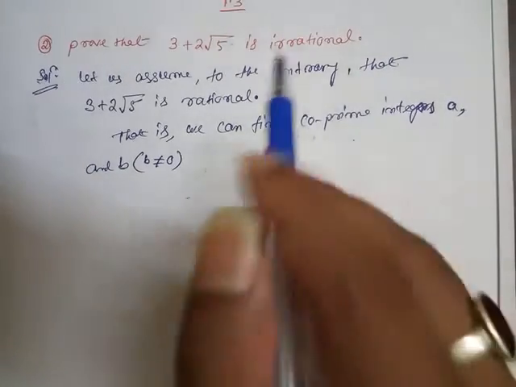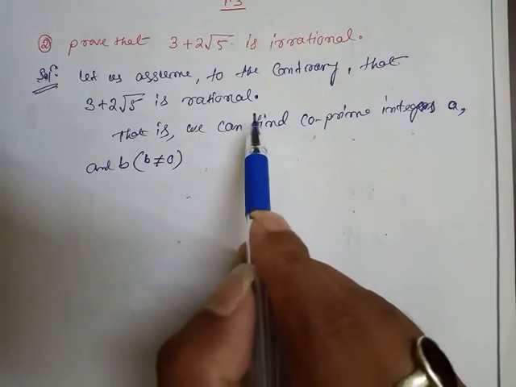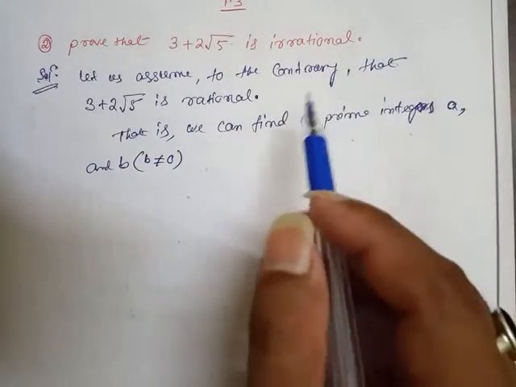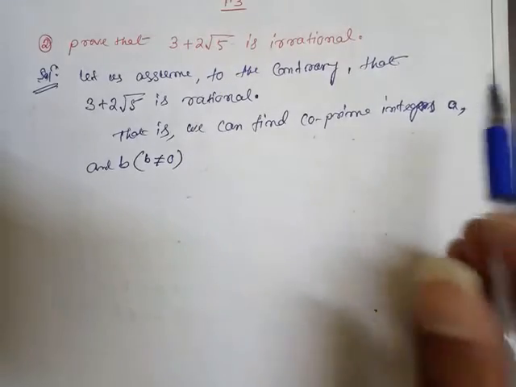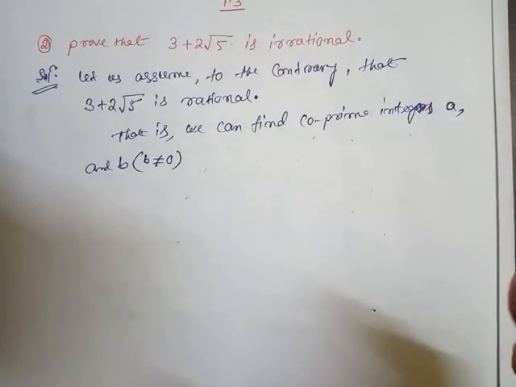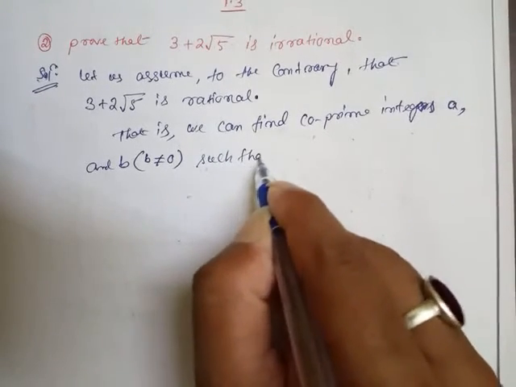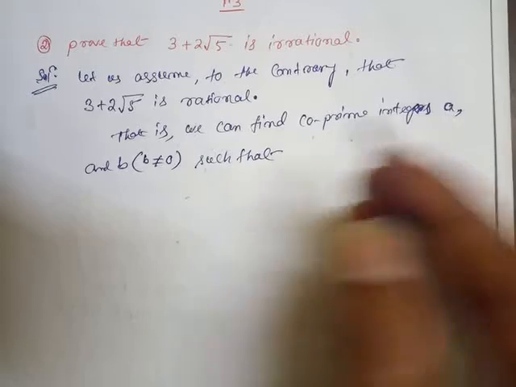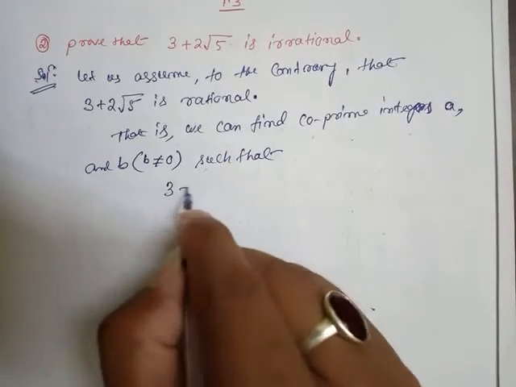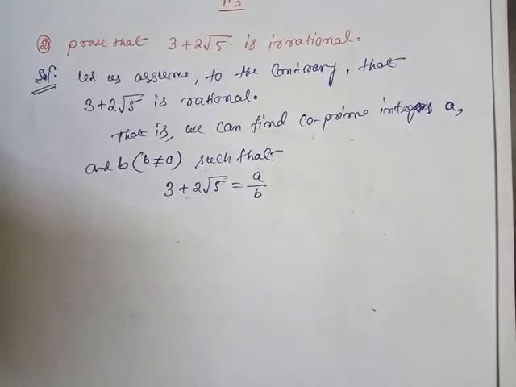Why? Because if 3 plus 2 root 5 is rational, this can be written in the form P by Q or A by B. Here I have taken A and B as co-prime integers and B is not equal to 0, such that 3 plus 2 root 5 equals A by B.